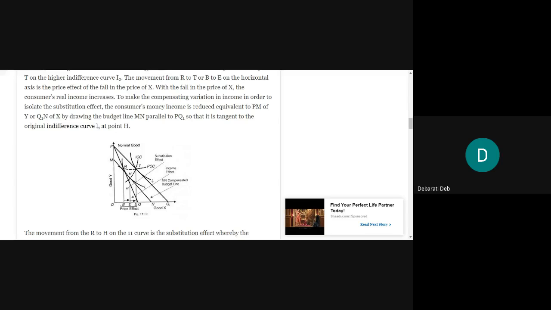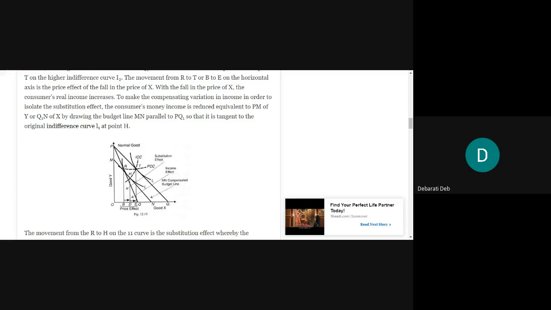With the fall in the price of X, the consumer's real income changes, or we can say that the real income of the consumer increases. Now this is a natural movement in the consumer's real income, which has increased. But we want to see what is the effect of substitution here, if it happens.